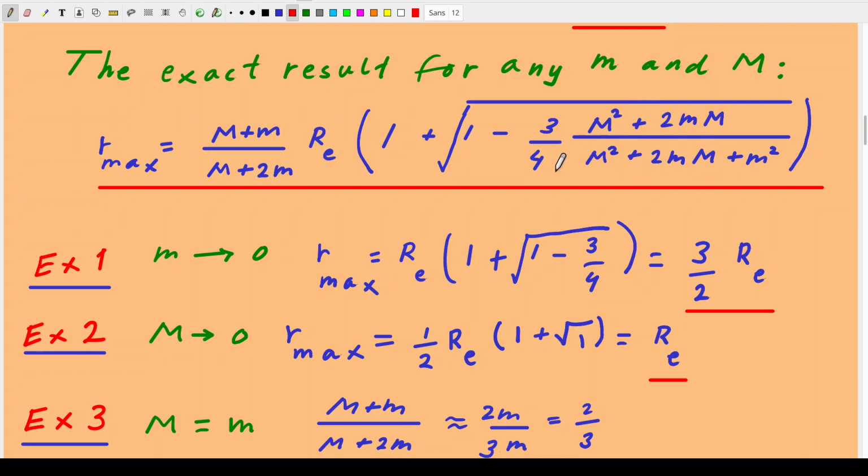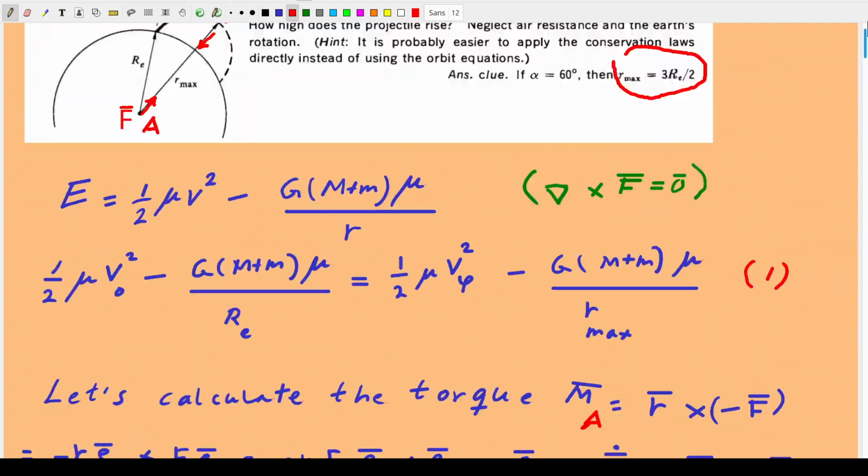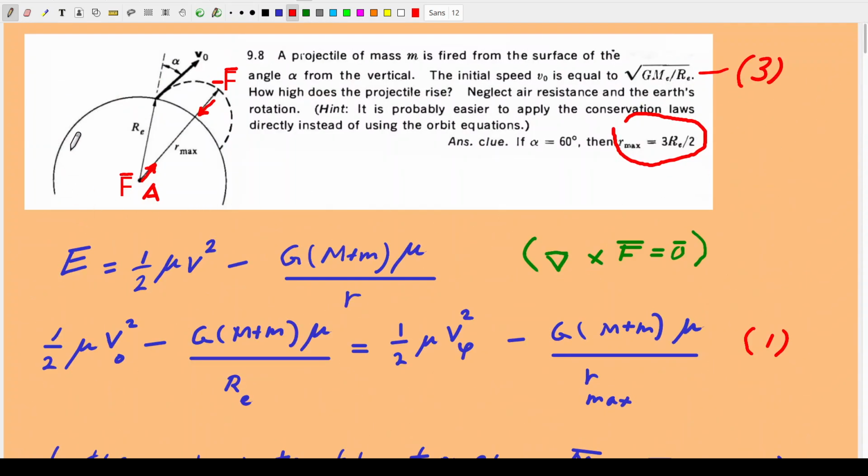And you're left with 0 divided by m squared, which is a number, so that will be 0. So that will be 1. You don't get any contribution from that. So you get this 1 plus 1, and so you get RE. So that's funny. The maximum distance is then the same if the Earth mass is small.